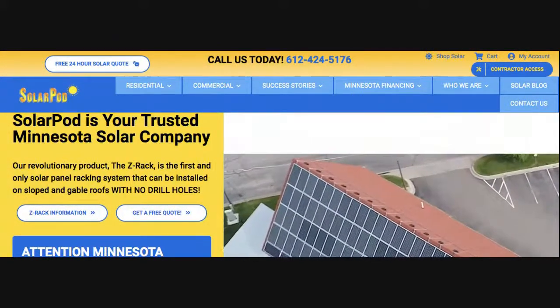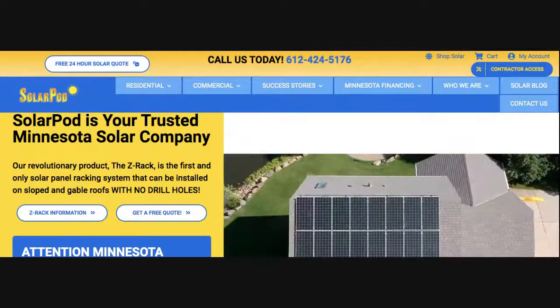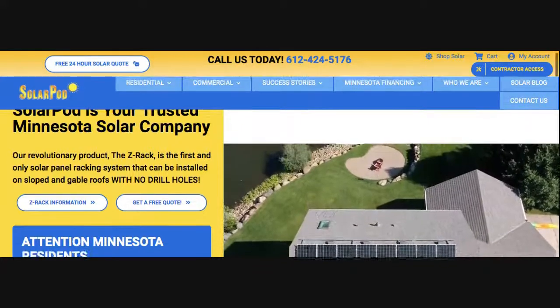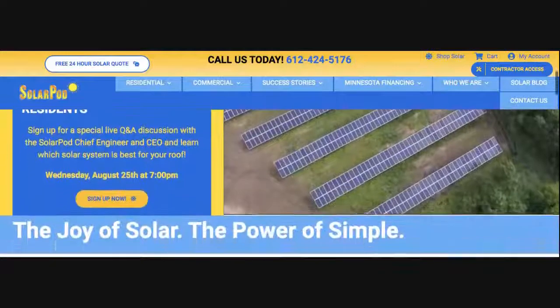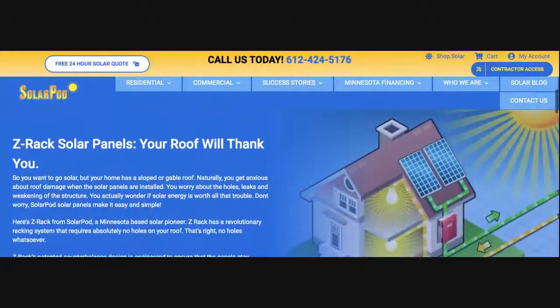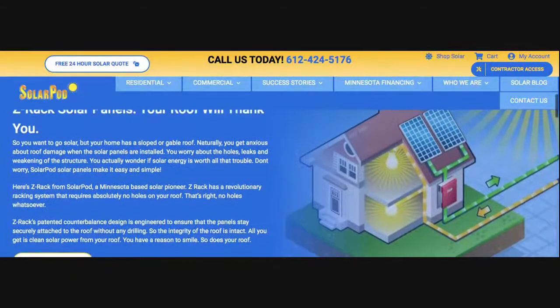There we go. So this is My SolarPod, your trusted Minnesota solar company. Again, I'm not going to expose some of the methods that the system uses, but it's a little different. It's actually a lot different than your typical solar installation. I'm going to have Adam talk about that more when he pops on.